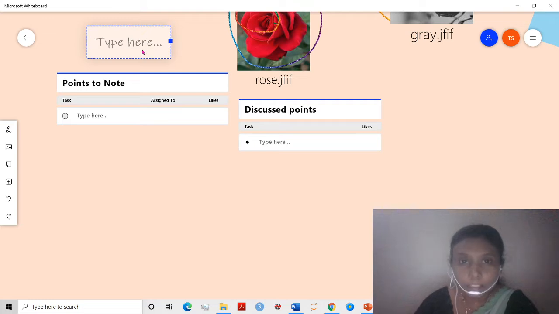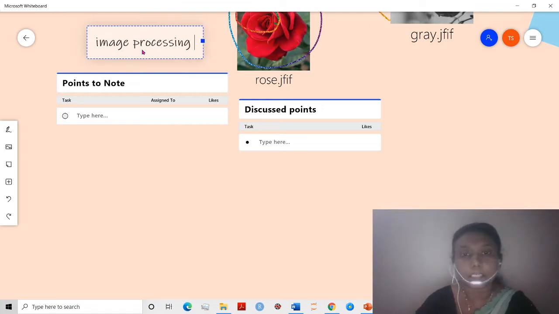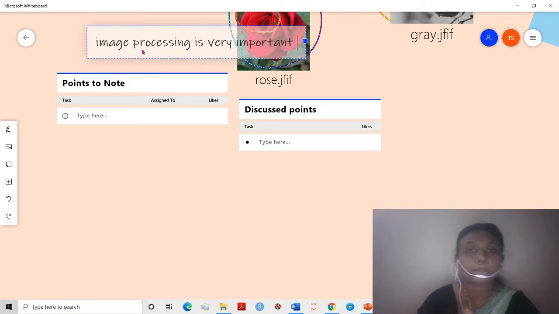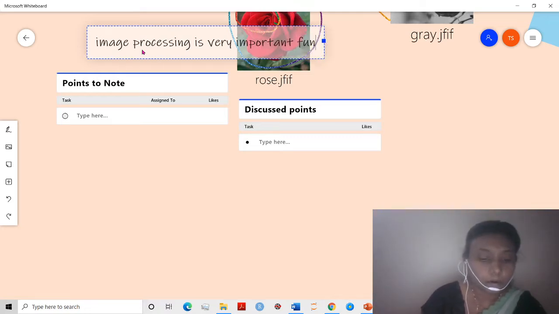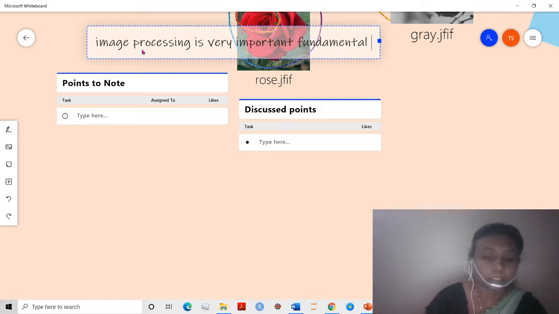And this subject, image processing, is a very important fundamental subject.